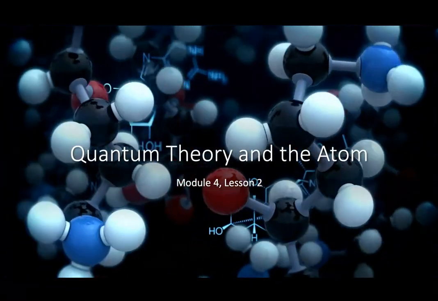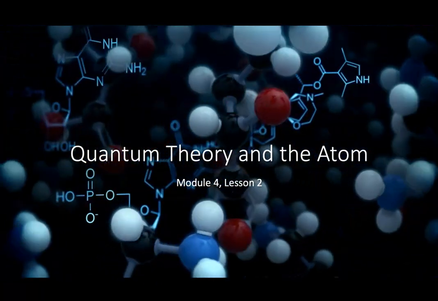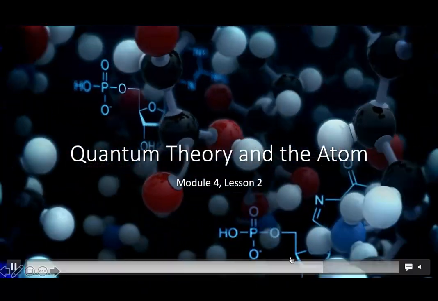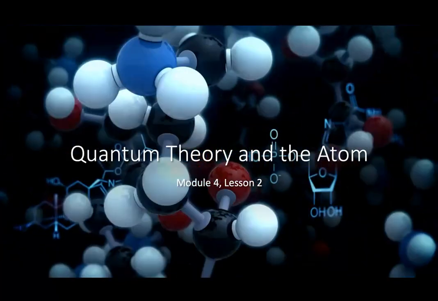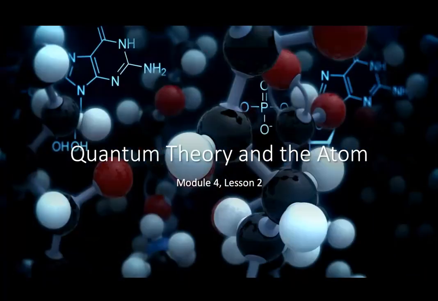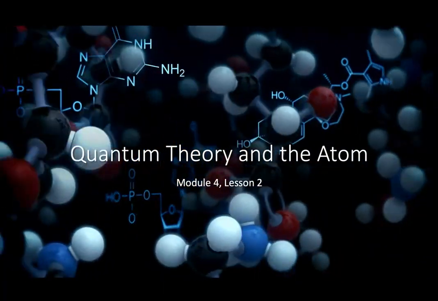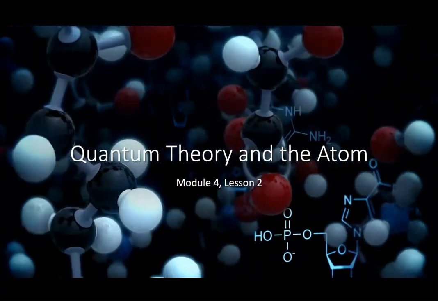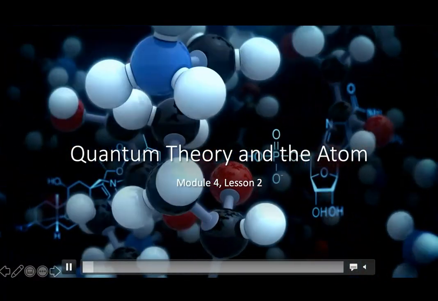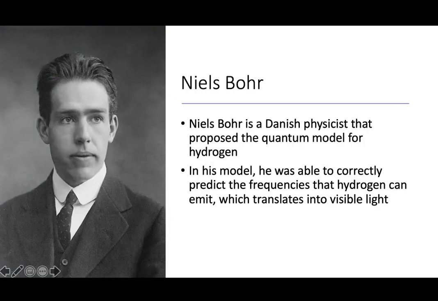All right, so now we're going to be looking at the quantum theory and the atom. Let's look at one individual who contributed a lot to our understanding of the electrons in the atom. His name is Niels Bohr. We discussed this before.